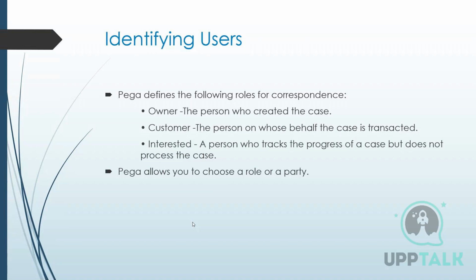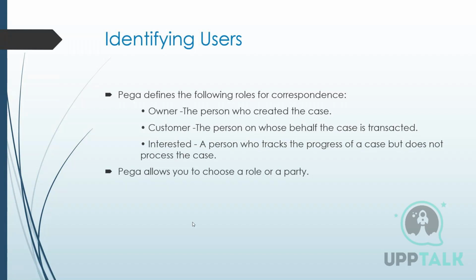So who would be the customer here? Customer is whoever is applying, and in this case, it is me again, because I am the one who is applying. There is a self-service portal where any customer can apply for a passport.